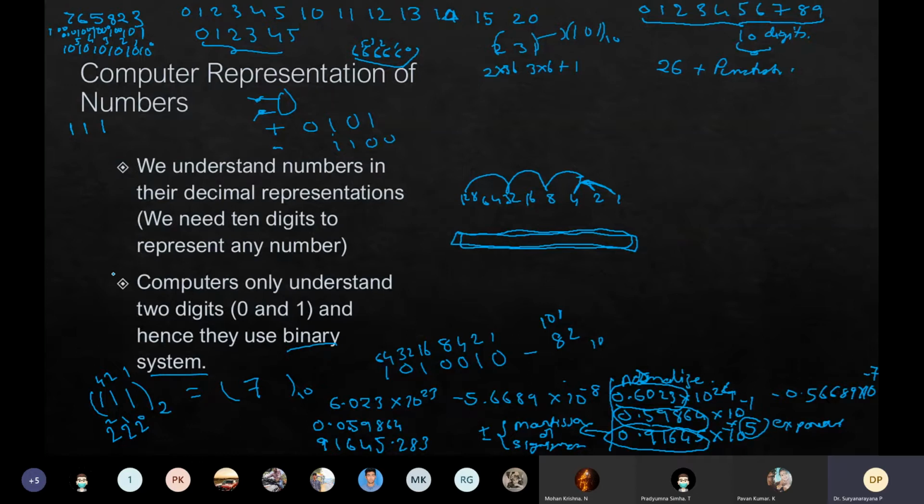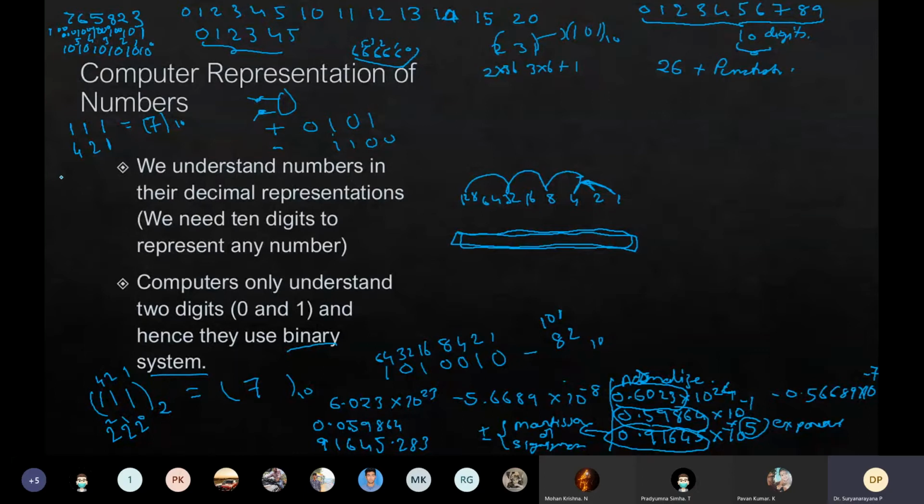Similarly, in binary system, when you have only 2 digits, the number place looks like this. This will be ones place, this will be twos place, this will be fourth place. So what you have here is 1 times 4, 1 times 2, plus 1. This is actually 7 in decimal system.